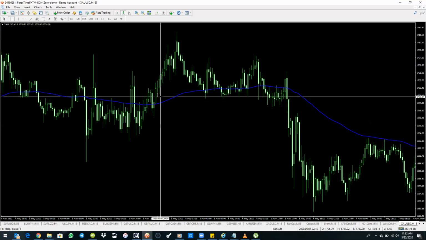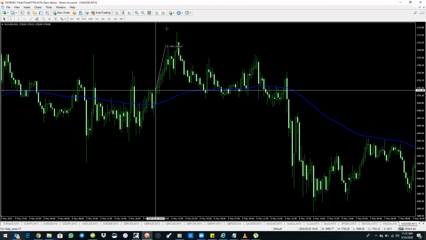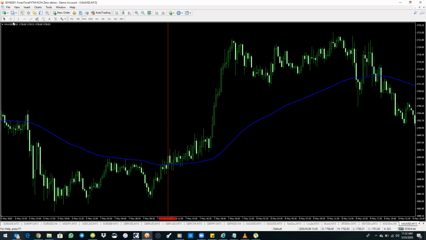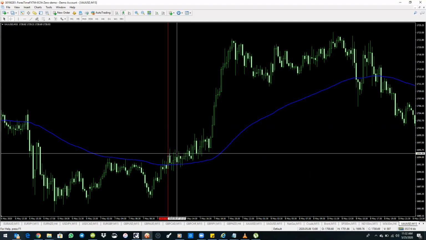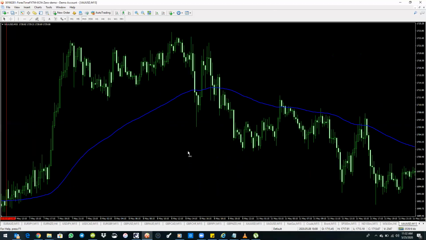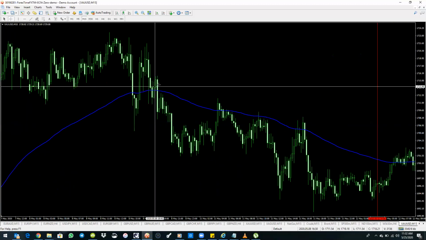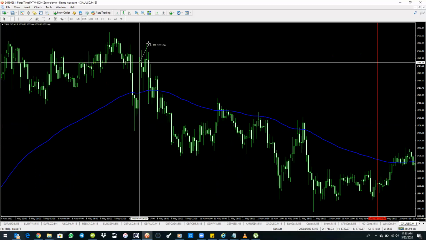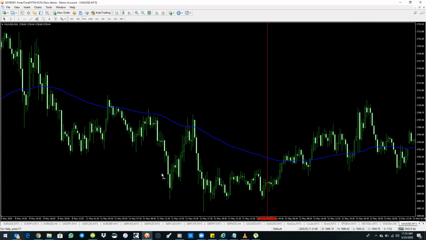You can see rejection here led to a buy. You can see a close above here, which led to a buy. A rejection here, which didn't actually lead into much of a buy, like no system is 100%.